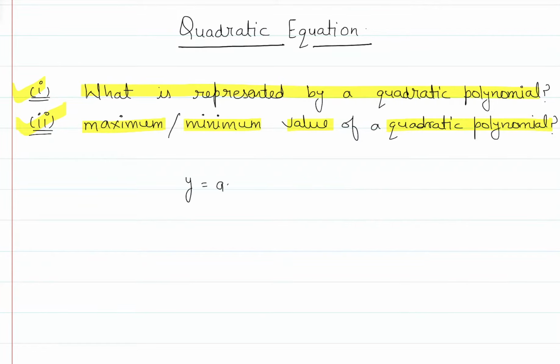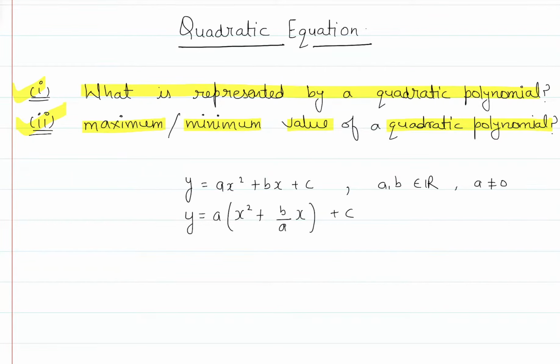y is equal to ax square plus bx plus c, where a and b are real numbers and a is not equal to 0. If a equal to 0, then this polynomial reduces to a linear polynomial. Now using the completing the square method, we change this into a square term. First take a as a common term, we get a multiplied by x square plus b divided by a x plus c.